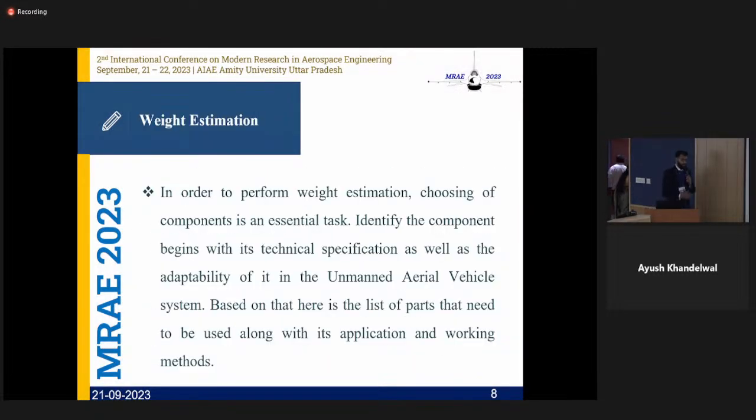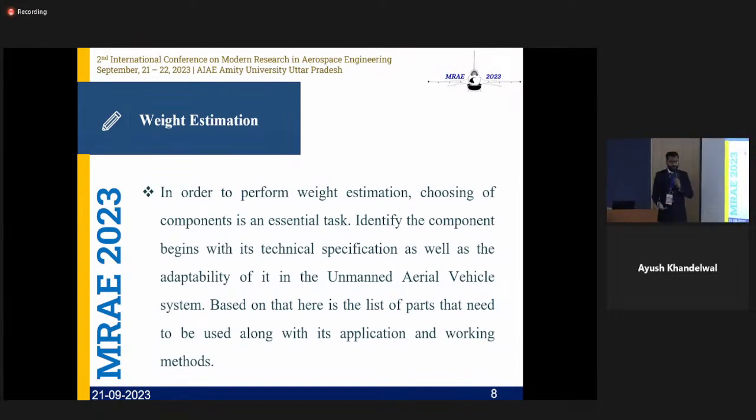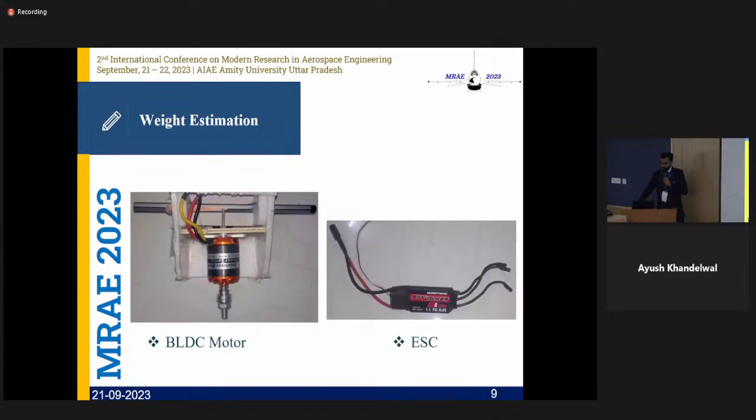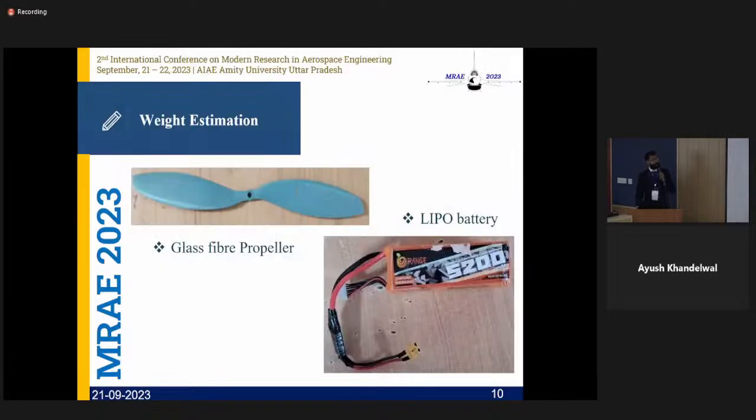In order to build the solar UAV, I also need to take care of the first and most important parameter, that is weight. So the first step was the weight estimation. What are the different materials? Of course, we use a BLDC motor, an electronic speed controller for controlling the motors, propellers, and a LiPo battery.